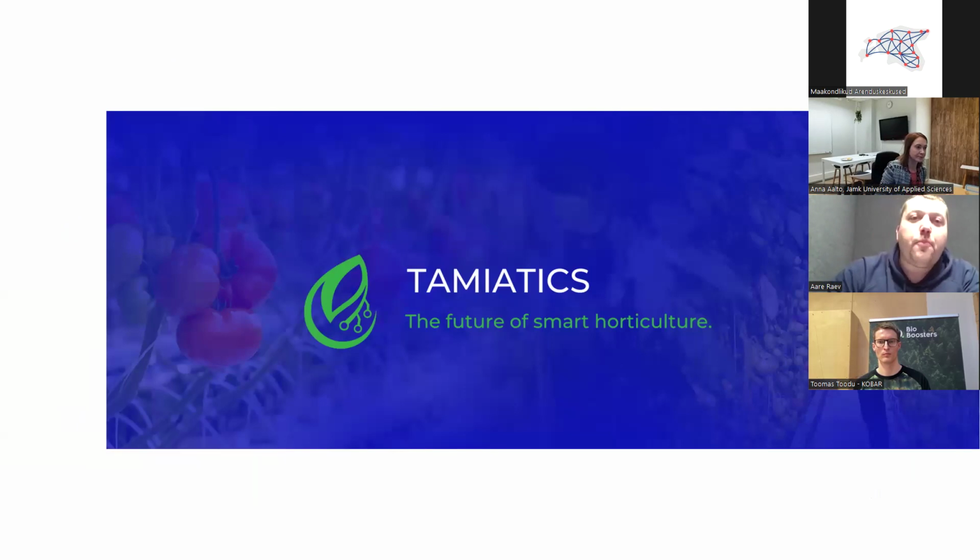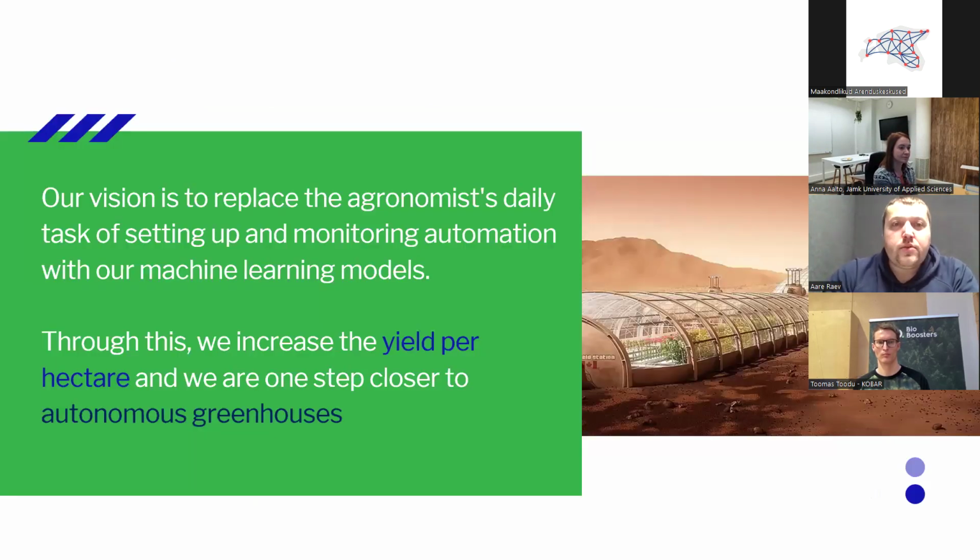We are a software company, and we are developing software for greenhouses. And what was our vision? We came together to replace the agronomist's daily task of setting up and monitoring the automatization, and to use our data analysis and machine learning models.